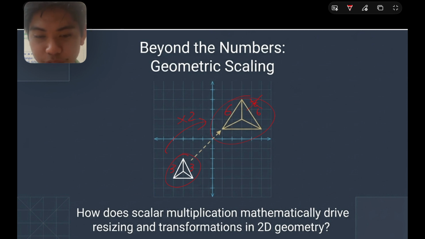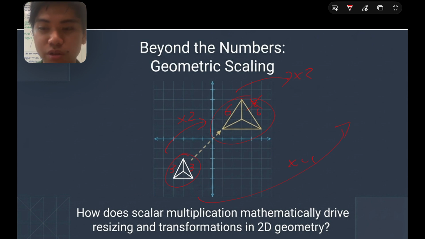Okay, so scalar multiplication is really driving the resizing and transformations in geometry, right? And I guess we can also say that if we were to repeat this, we can see what the trend would be. Okay, we're getting a bigger number, and if it's times by 2 again, then the original will be multiplied by 4.